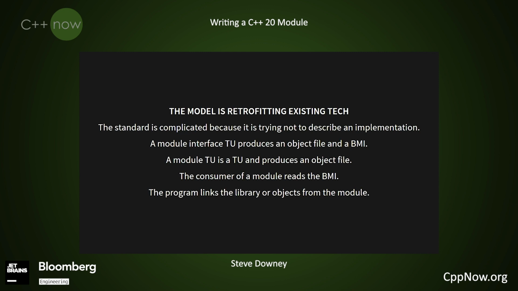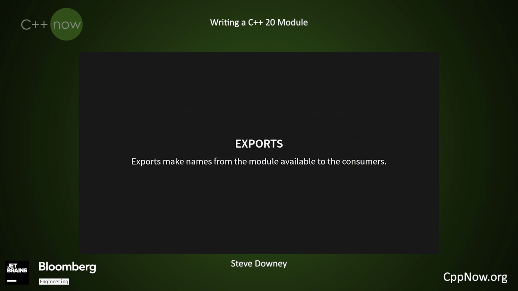When you import something, you're grabbing the contents of an already partly translated file, which is where the efficiency comes in. The front end has to do far less work in bringing in a module interface. Now, export makes names from the module available to consumers.